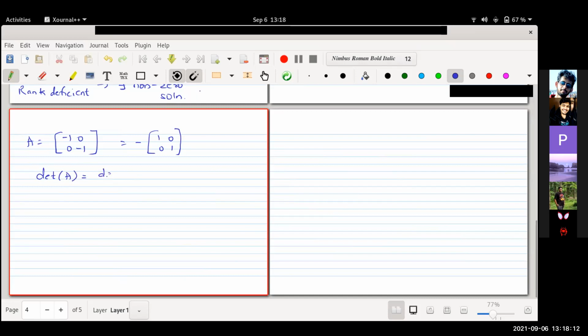One. Determinant of minus 1, 0, 0, minus 1 is 1. This is determinant of minus 1, 0, 0, 1. So can you take this minus out here? No, we cannot take this negative out, for an even ordered system.